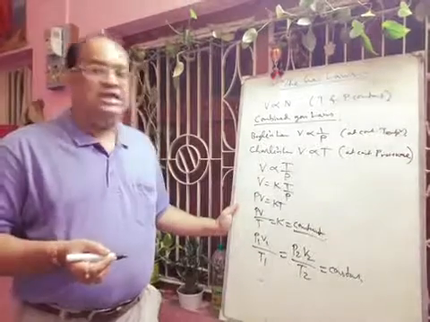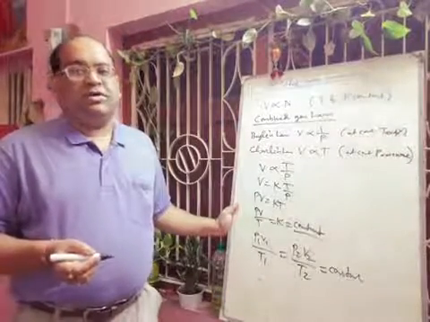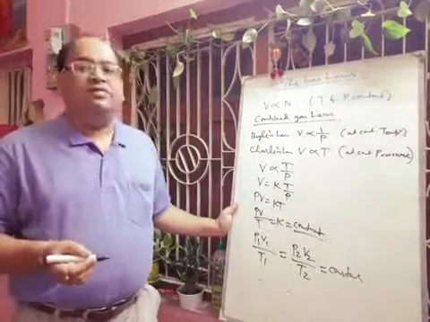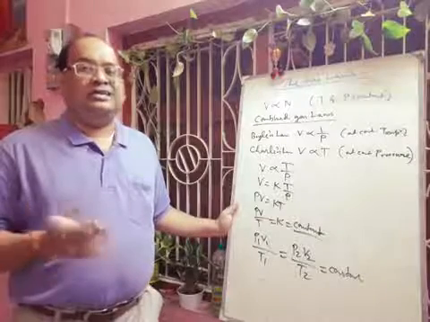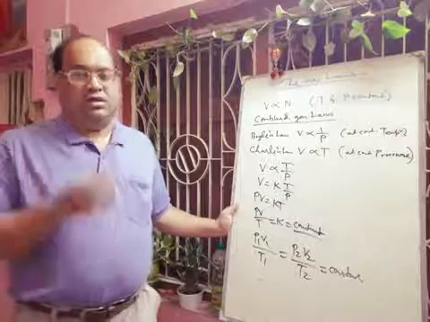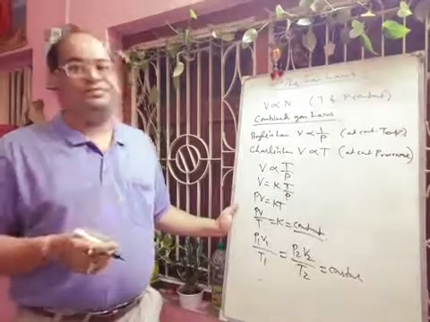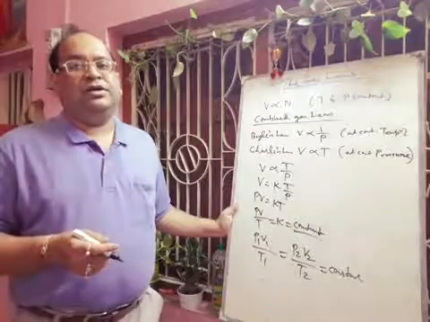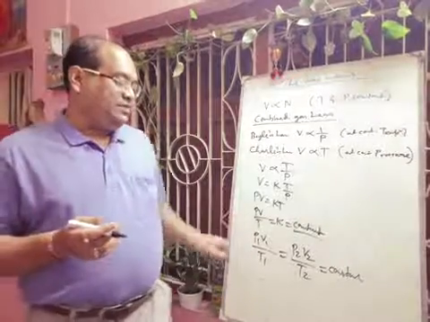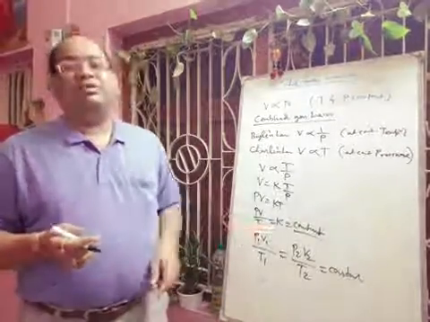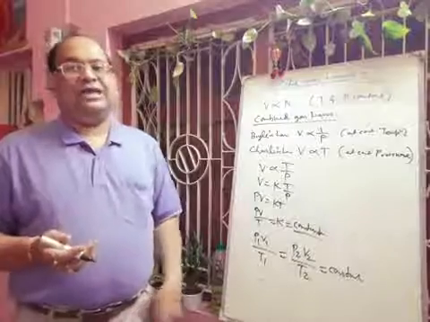So this relation is very much useful for converting the volume of a given mass of gas from one set of conditions to another. For 1 mole gas, this K we can term as universal gas constant.